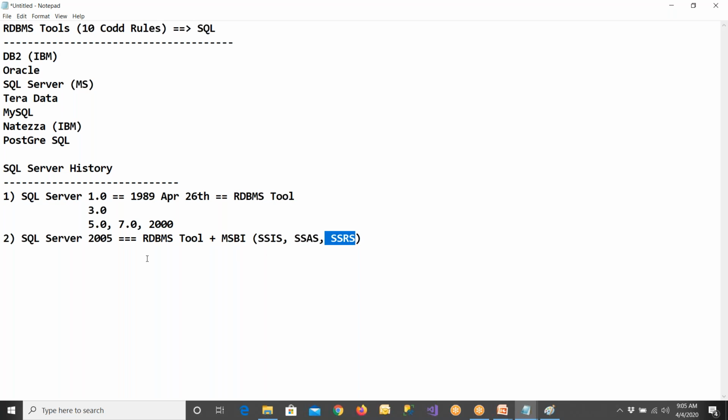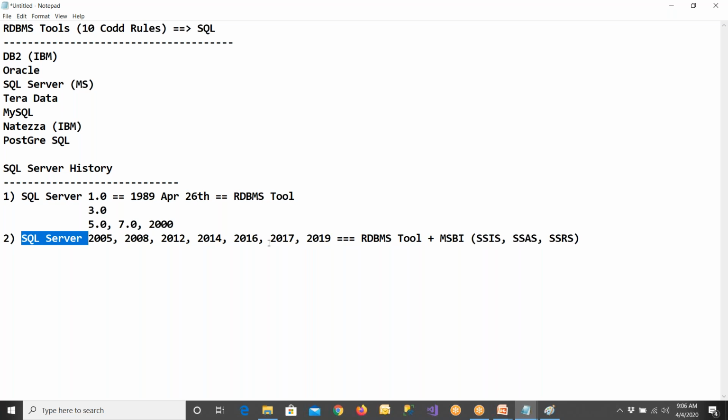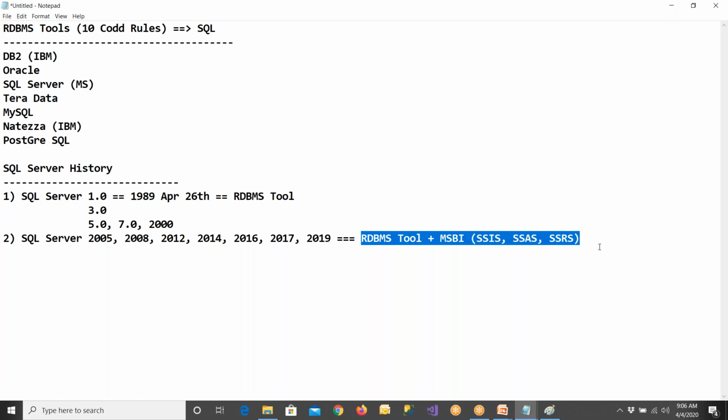These tools were created in 2005, and later you got 2012, then 2014, then 2016, then 2017. The current version is 2019. If you have SQL Server 2019, you get RDBMS plus MSBI installed.